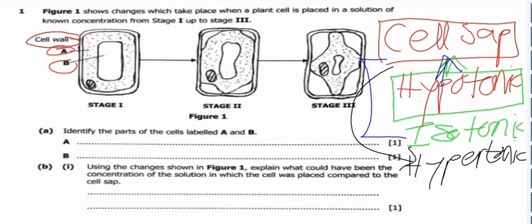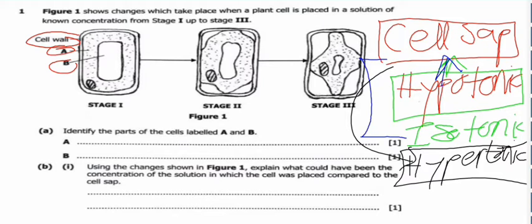So when a plant cell undergoes plasmolysis, it is going to lose water by osmosis. For a plant cell to undergo plasmolysis, it means it was placed in a hypertonic solution.